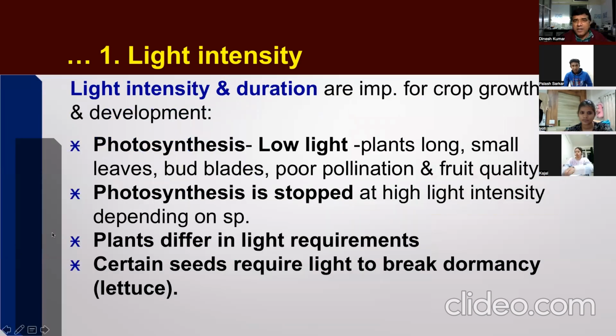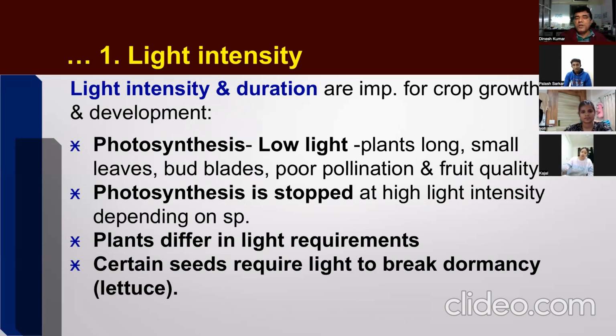Now, light intensity and duration are both important for crop growth and development. If light intensity is low, then plants are long, with small leaves, weak blades, poor pollination, and poor food quality. If the need of light is not met, plants can be thin, their leaves can be pale yellow, and branching can be reduced.